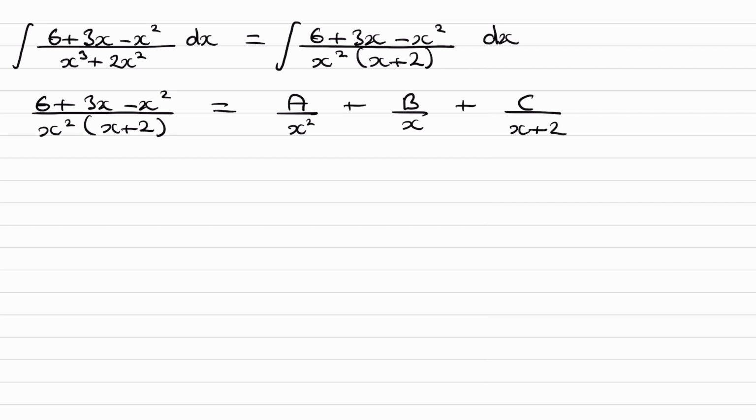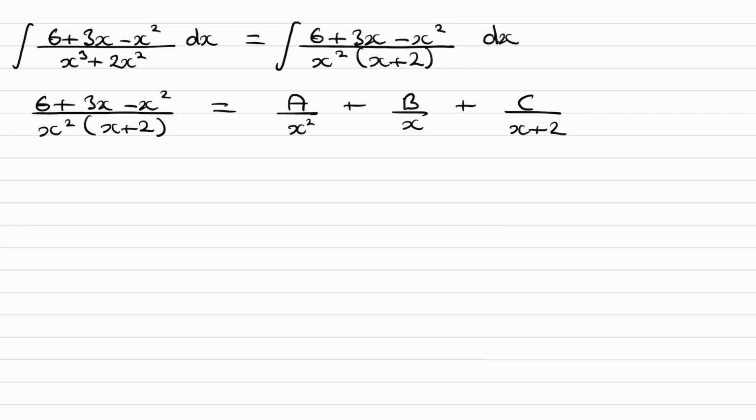So whenever we have a squared factor on the denominator, we have to have one of the constants over that thing squared, and another constant over that thing not squared. So for instance, if this were x plus 2 squared, then we would have x plus 2 squared and just x plus 2.